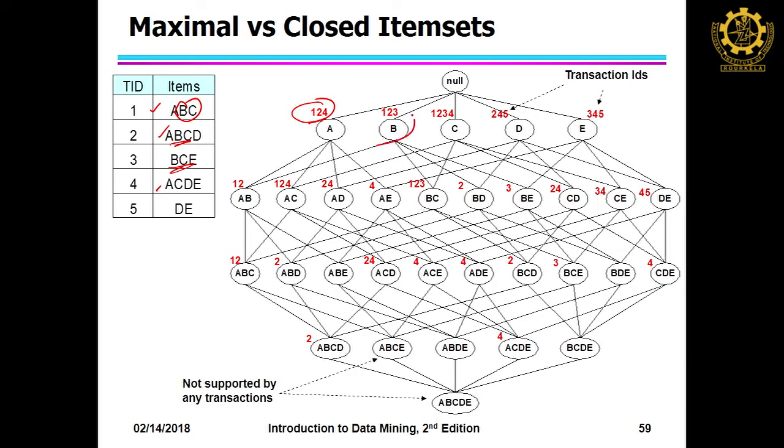Say B can be a closed item set, but its corresponding superset has the same support, so B cannot be. BC's corresponding supersets are BCD and BCE. BCD appears in only one transaction, that is 2, and BCE only in transaction 3. So, BC can be a closed item set.